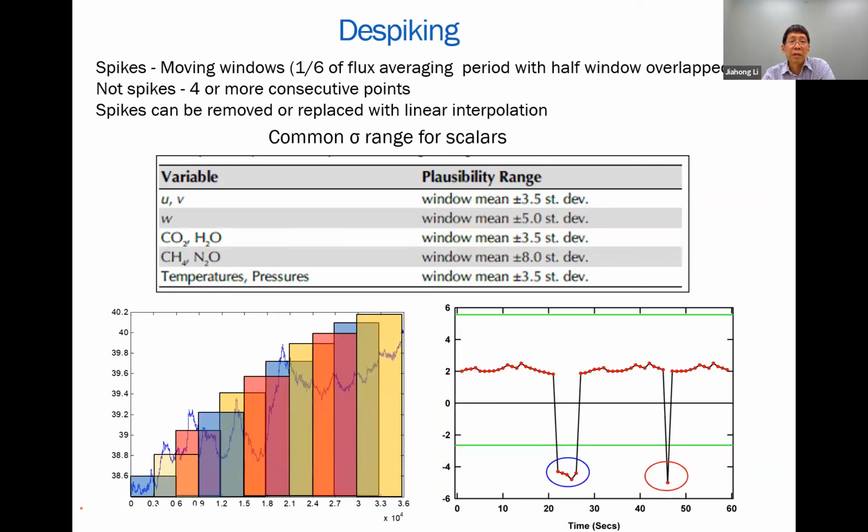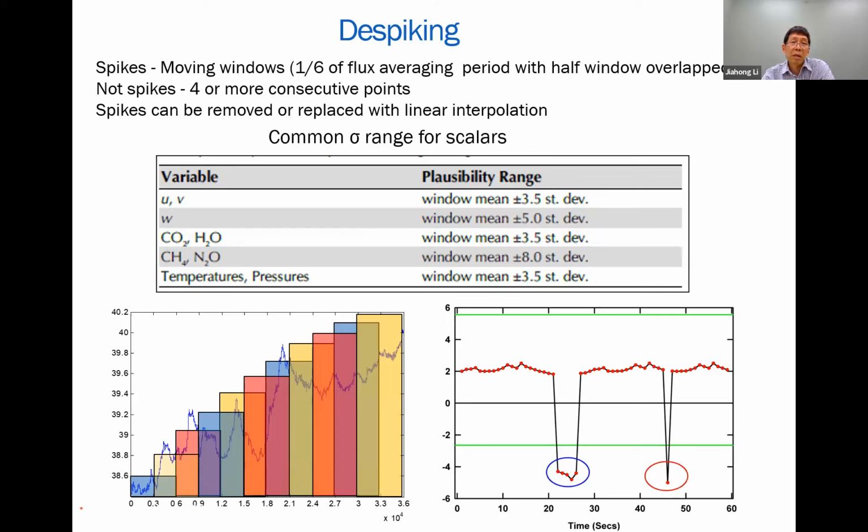Despiking is part of the data quality check. The basic approach is the same as removing outliers in statistics using standard deviation and means, as you see from the table here. Despiking uses moving windows of 1/6 of the flux averaging period with half window overlap.